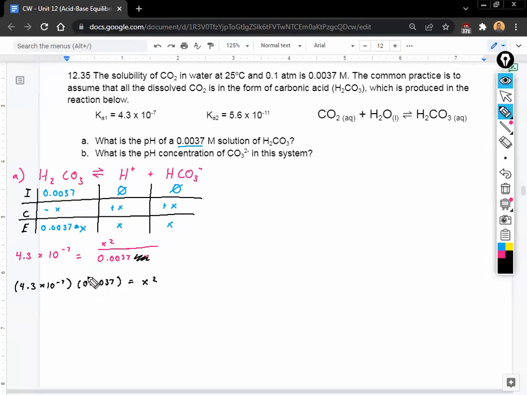And then if we simplify that value, we should get X is equal to... I'm looking at the wrong question again. Sorry. X is equal to 4 times 10 to the negative 5 molarity, around there.